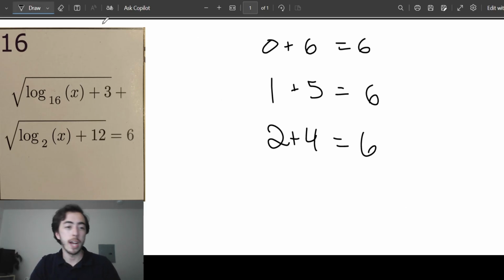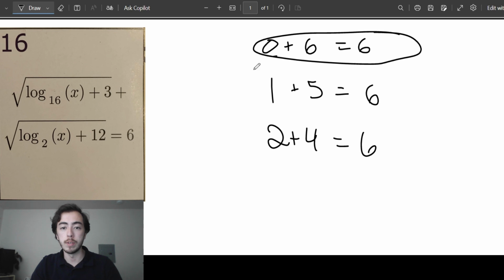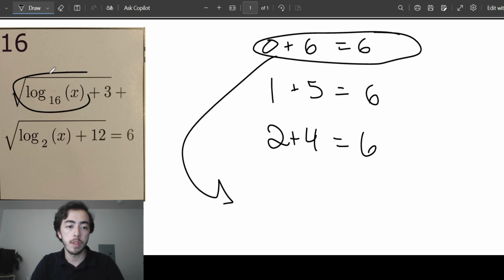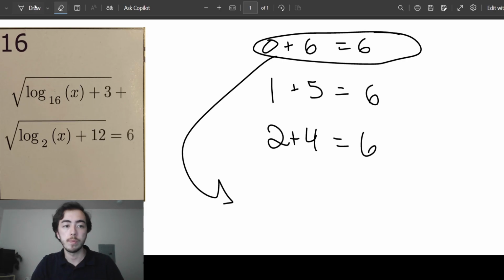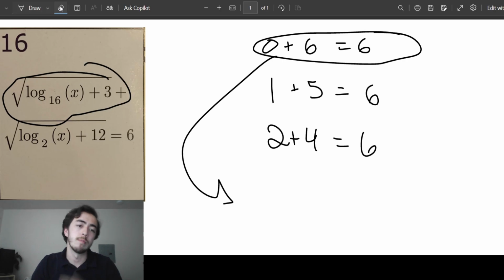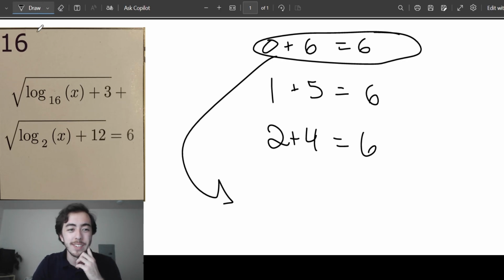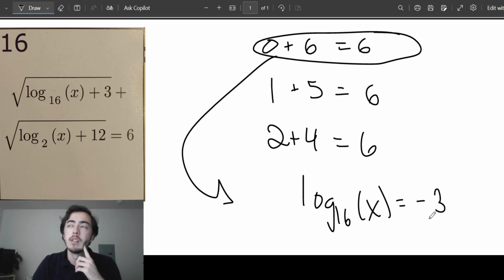So we could try backtracking from these ideas and seeing if we can produce an answer, just hoping that these are both integer values. This first one, I guess there is a way for this to be a 0. It is possible for log base 16 of some number to be -3, right?